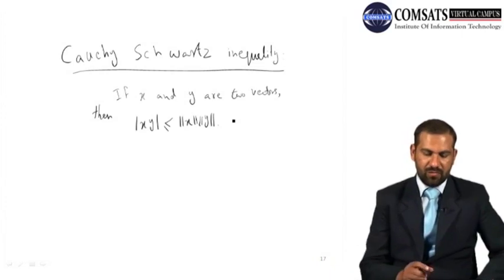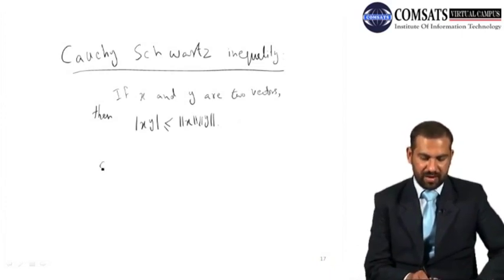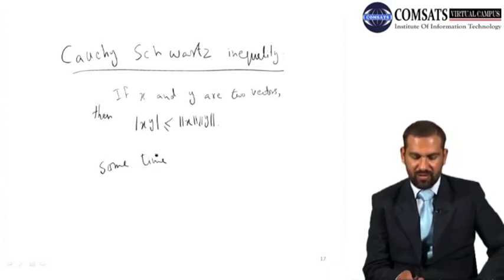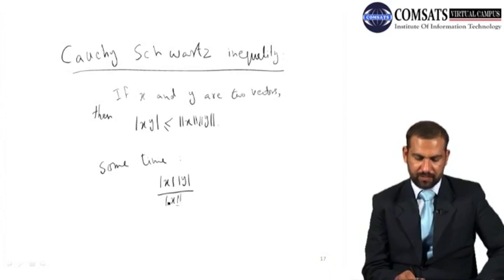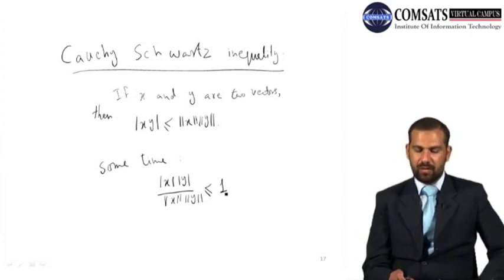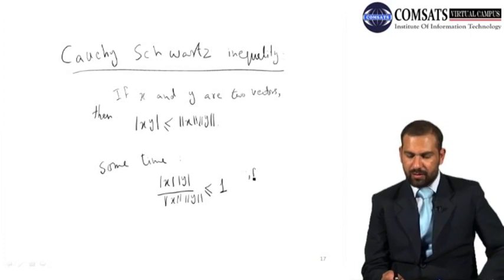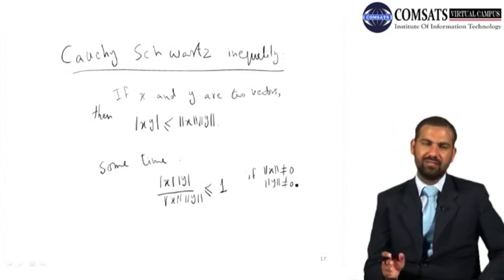Sometimes we study this in the way that the mod of xy over the norm of x times the norm of y is less than or equal to 1. Here, the condition is that the norm of x and the norm of y are both not equal to 0, because we know that division by zero is not allowed.